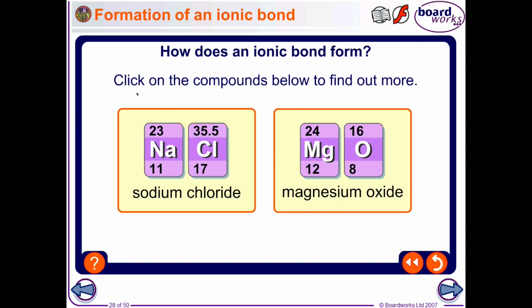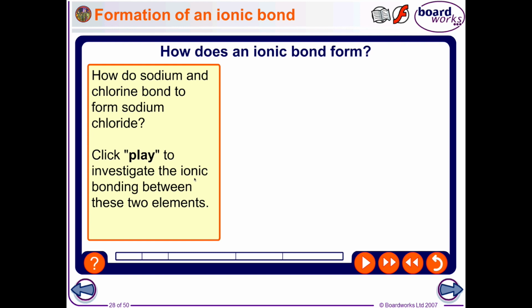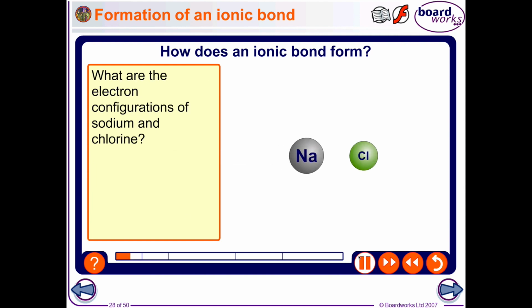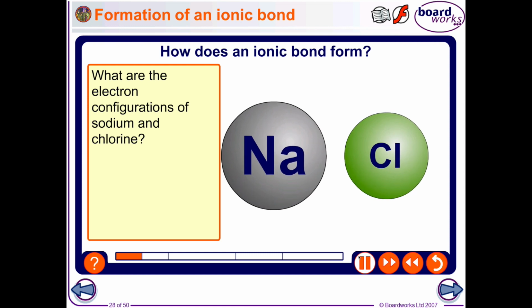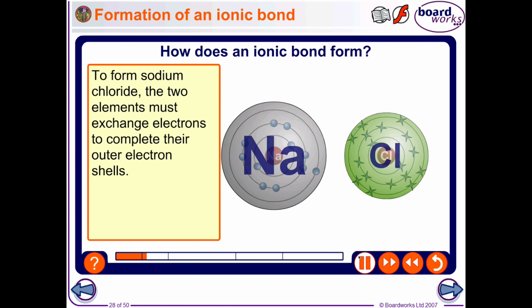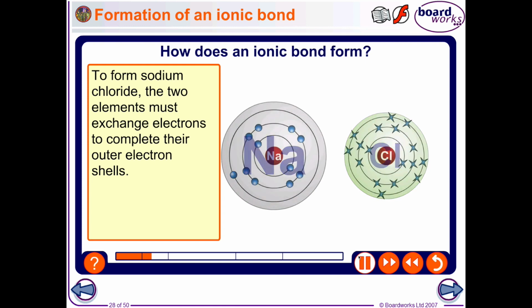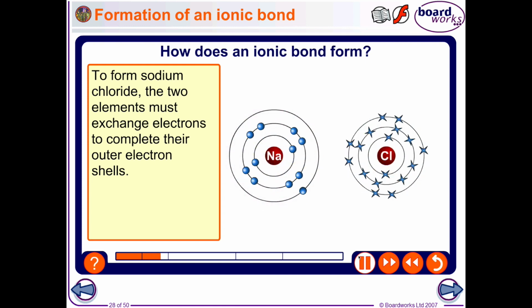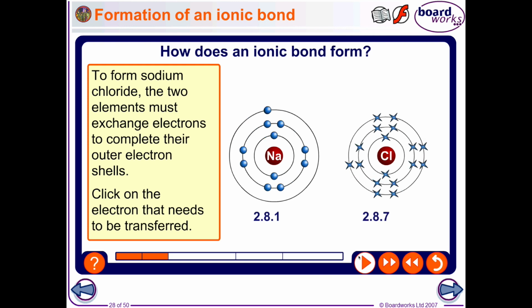Right, so we're going to take a look at a couple of examples of our ionic structures, starting with sodium chloride. When we look at the actual sodium atom and the chlorine atom, you can see that the electron configuration is shown. For sodium 2,8,1, for chlorine it's 2,8,7. Now looking at that, it's easy to see that the sodium wants to lose an electron and the chlorine wants to gain 1.